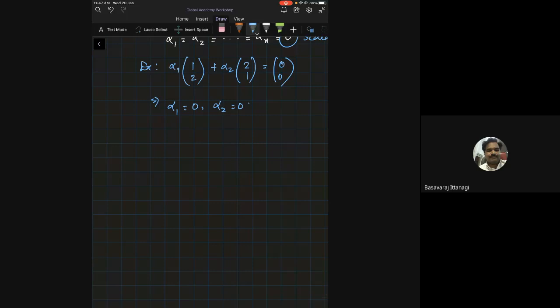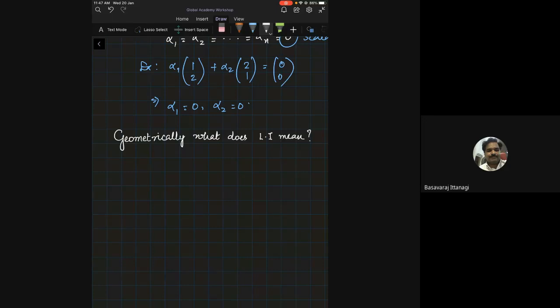Now, what do we mean by linearly independent in terms of geometry? So geometrically, what does linearly independent mean? What does this mean? Can someone tell me? Both vectors are in different directions. Brilliant.